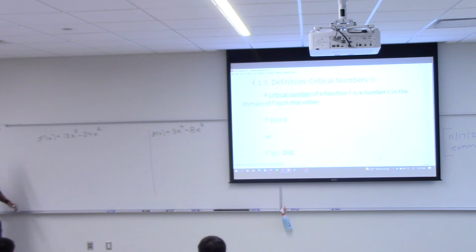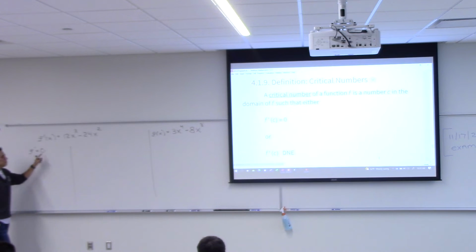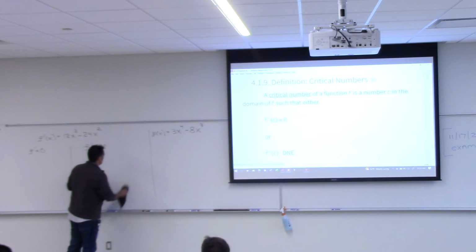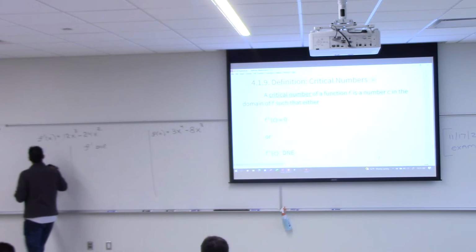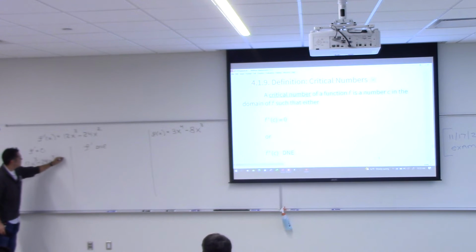Now I'm going to figure out where that derivative is 0. Where's f prime equal to 0? And then this one, I want to know where f prime doesn't exist. All right, so take that derivative, 12x cubed minus 24x squared, set it equal to 0.